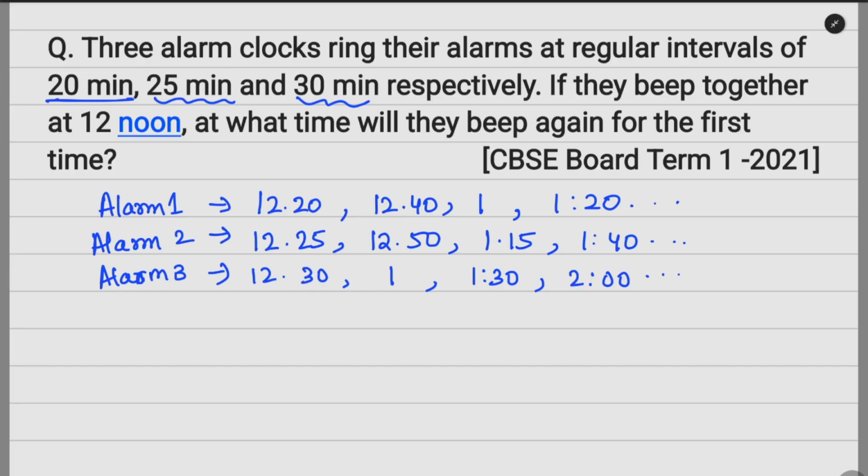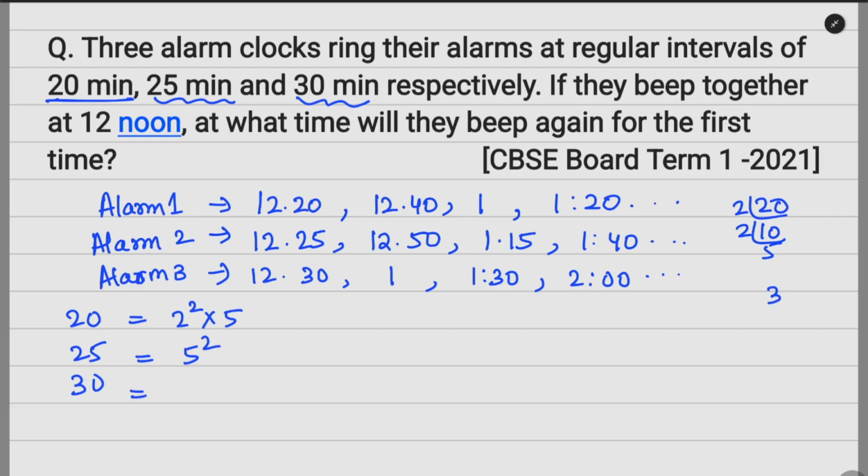So let us do the prime factorization of 20, 25 and 30. In such questions, at what time will they beep again, you will have to find out the LCM. So for 20, let's do the prime factorization. It is nothing but 2 square into 5. For 25, it is just 5 square.